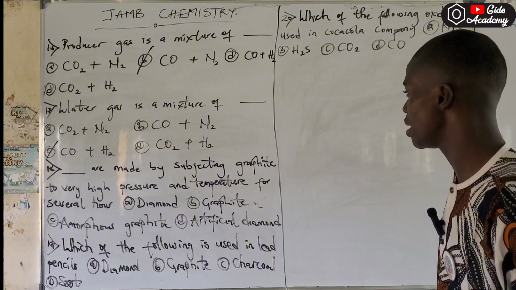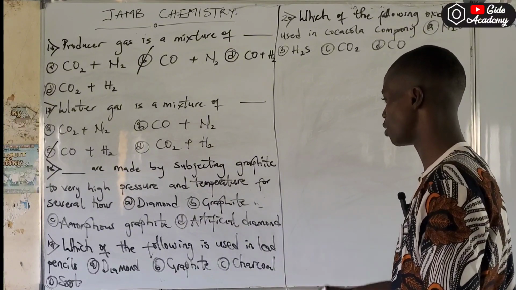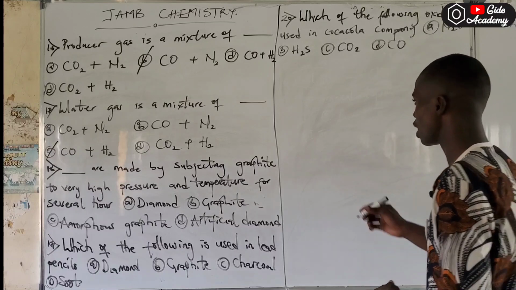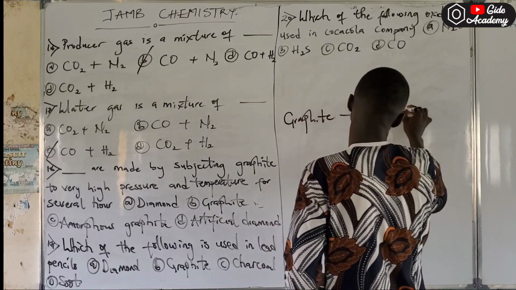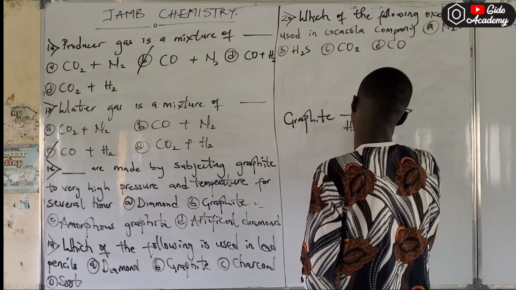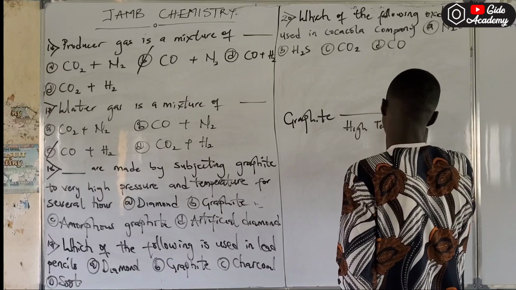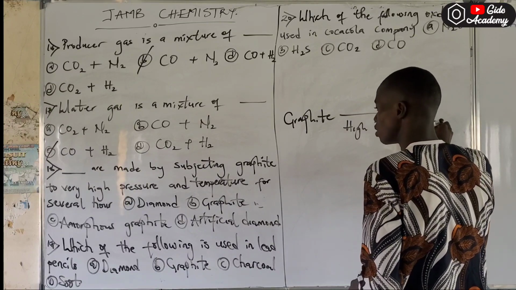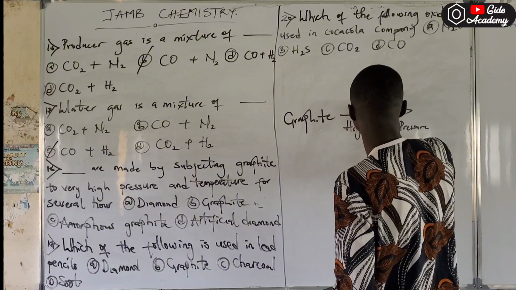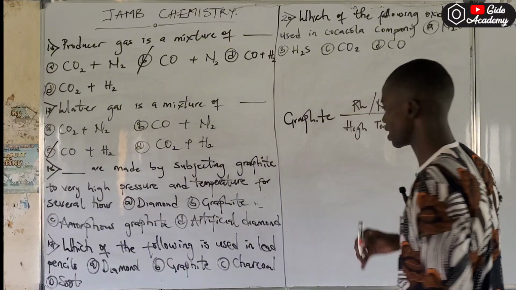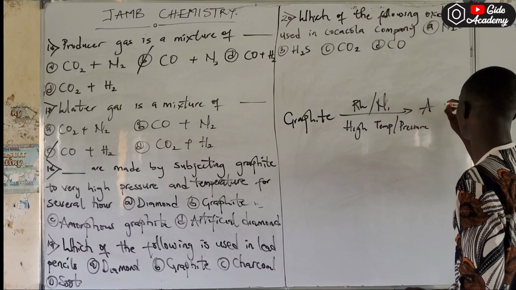Number 18. Dash are made by subjecting graphite to a very high temperature and pressure for several hours. Now, when graphite is subjected to a very high temperature and pressure for several hours in the presence of rhodium and nickel as catalyst, what is going to be formed is an artificial diamond.